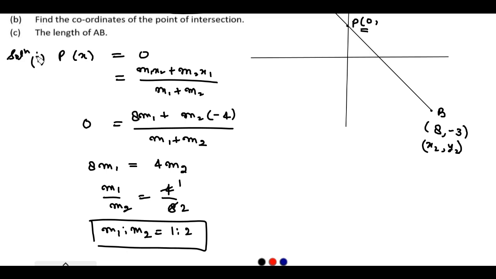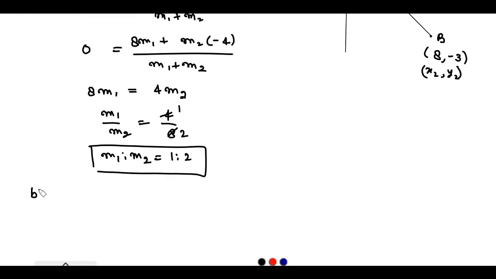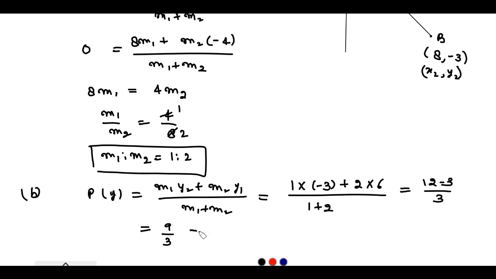Second part, find the coordinates of the point of intersection. We have to find the coordinates of P. X coordinate is 0 and y coordinate will be m1 y2 plus m2 y1 upon m1 plus m2. Means y coordinate of P is 3.